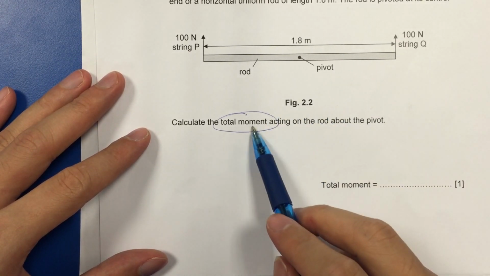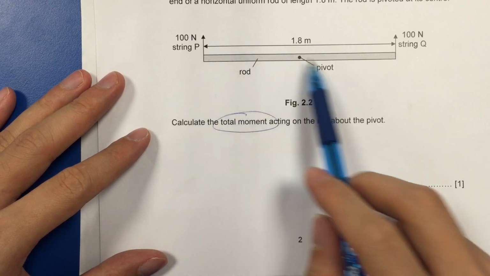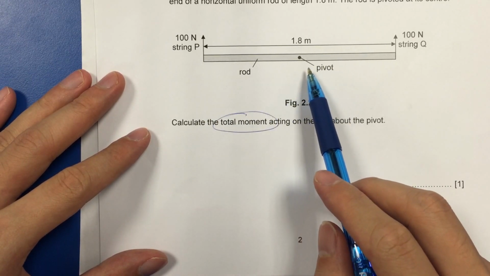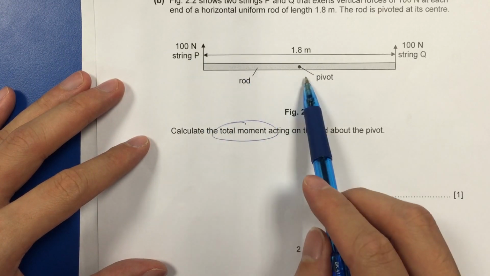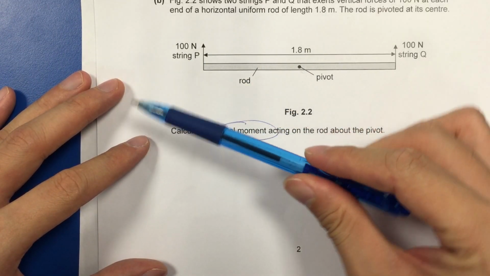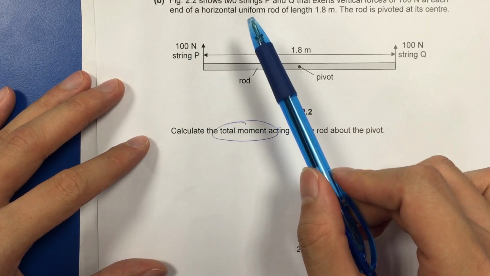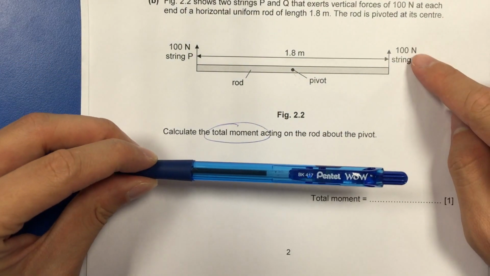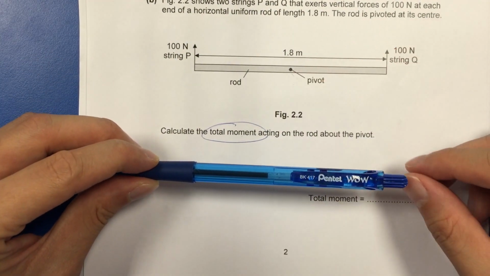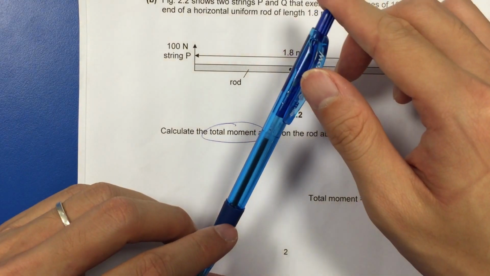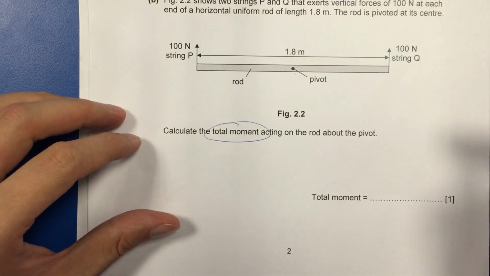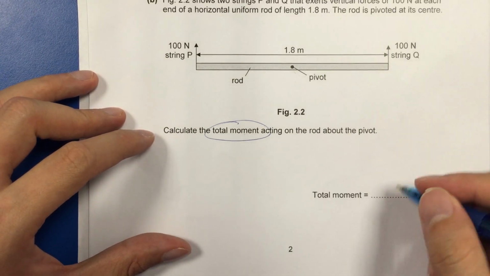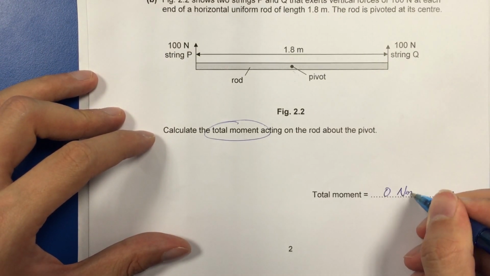Because of this word total moment, you do not really need to do any calculation, because you see this 100 Newton about this pivot will give rise to a clockwise moment. Then this 100 Newton on the right of the pivot will give rise to a counterclockwise moment. So basically the moment caused by this force and the moment caused by this force will eventually cancel out. So the total moment will be 0 Newton meter.